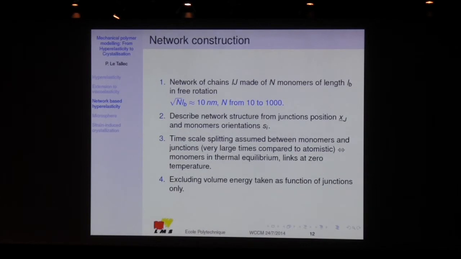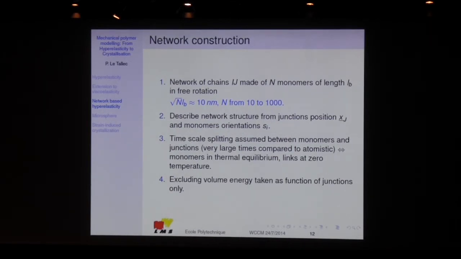So you make a time scale splitting, assuming that the monomers are in thermal equilibrium, and that the links, the nodes, are roughly at zero temperature, or at very small temperature. You also cheat a bit by treating the excluded volume energy, that is the fact that two atoms cannot be at the same place, by adding that as a volumic constraint directly at the junction level.